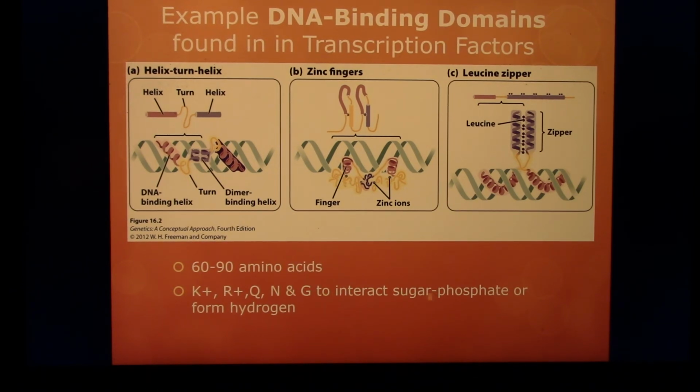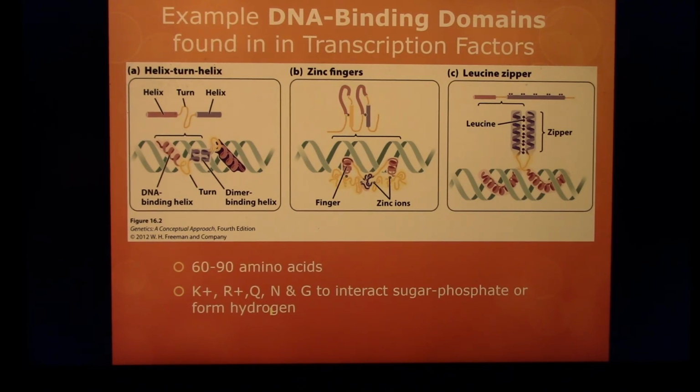And they interact with the sugar phosphate and they form a hydrogen base pairing with the sugar phosphate backbone. Your phosphodiester bonds, basically. So phosphates have a charge. And what is the charge on a phosphate? If you said negative, you were correct.